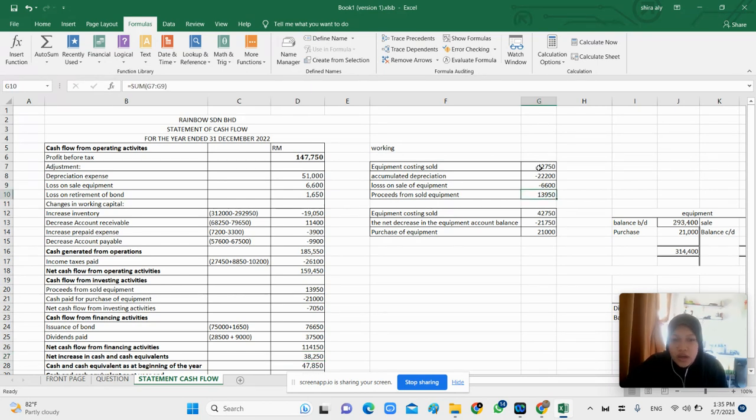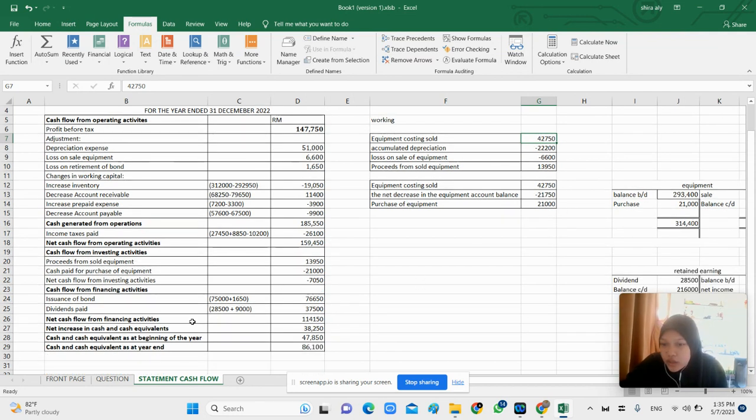Equipment costing sold minus the accumulated depreciation and minus the loss on sale of equipment, we will get the proceeds from sold equipment, and then we put it in cash flow from investing, 90,050.